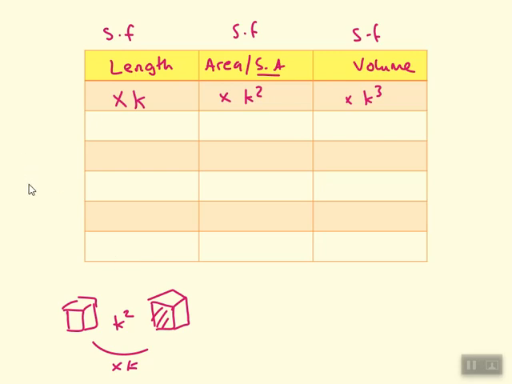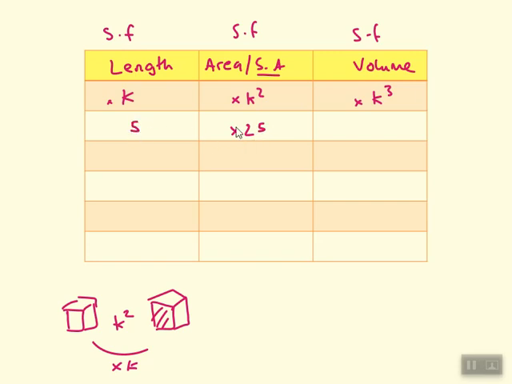Let me write this in a neater way. If the lengths are multiplied by k, the areas are multiplied by k squared, and the volume of the smaller one was multiplied by k cubed. For example, if you know that the area has a scale factor of 25, the length one has got to be 5, right?